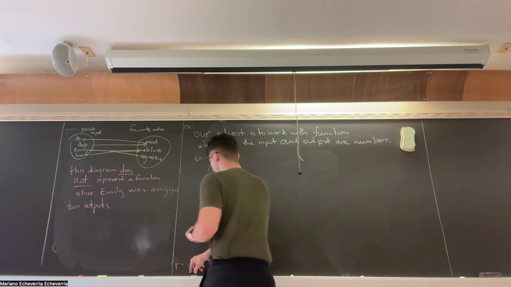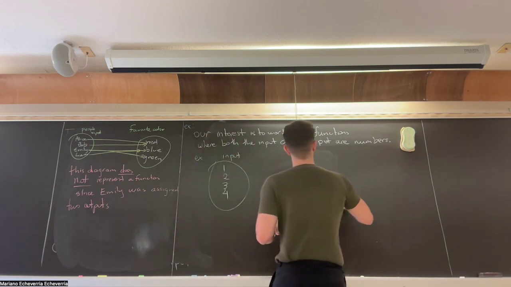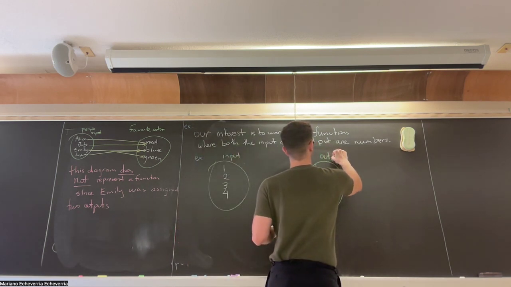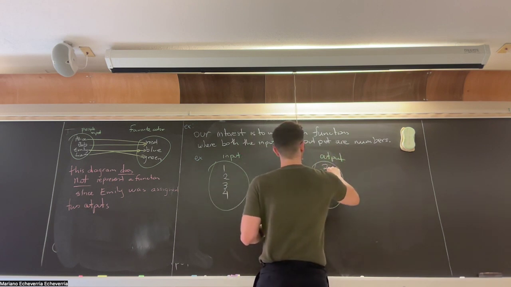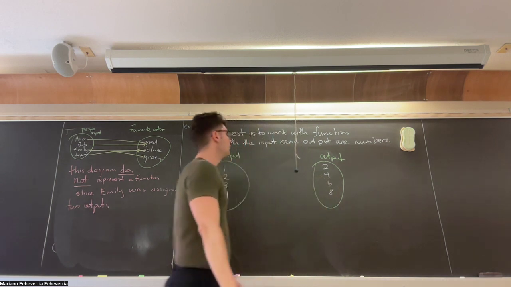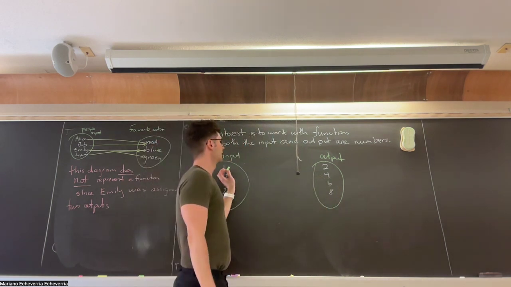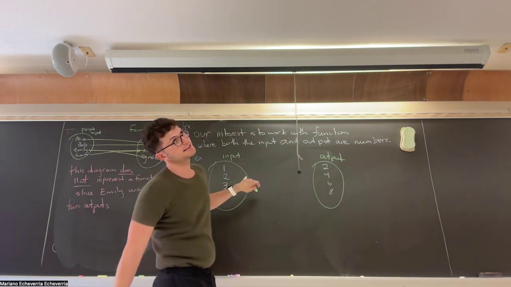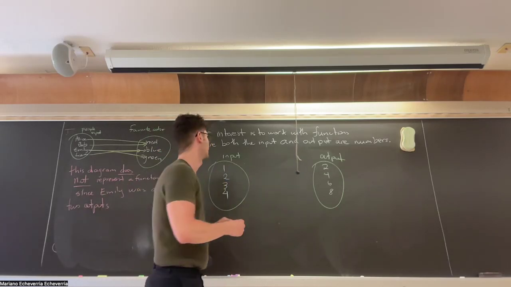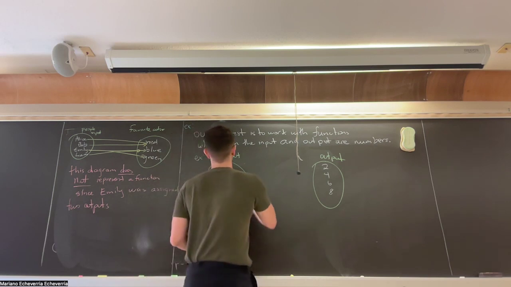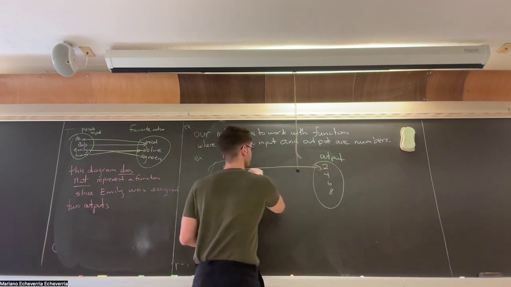And the output 3, 4, 6, 8. And the rule for going from the input to the output is that I'll assign to each number twice that, I'll double it. So the rule would be to just multiply each number by 2.